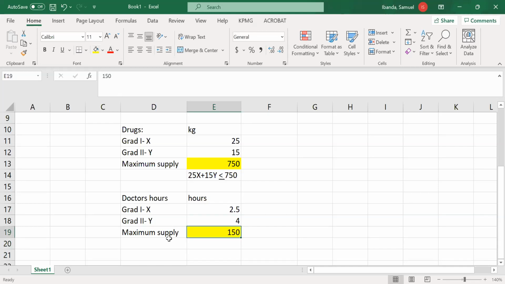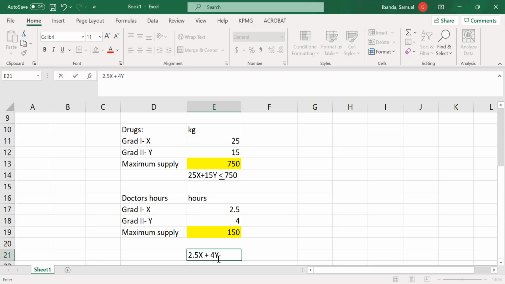So what that means is our equation, or function, is going to be 2.5x plus 4y.